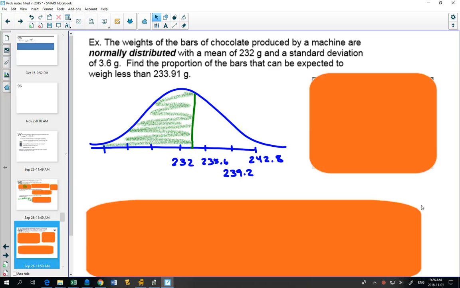I added 3.6, added 3.6 again, added 3.6 again. 233.91 is somewhere in between 0 and 1 standard deviation above. Looking at that, if you had to estimate the probability, can you see that an estimation of above 50% is good? It has to be more than 50% because it's more than half.